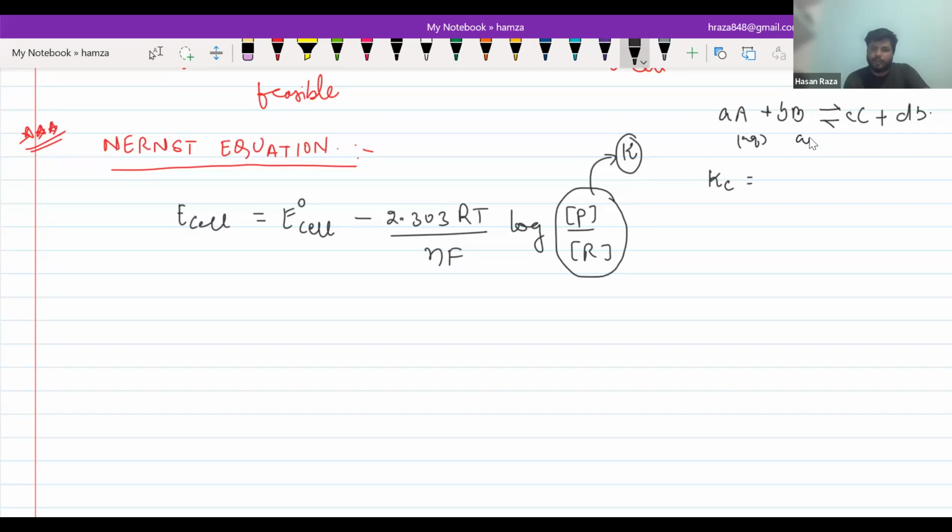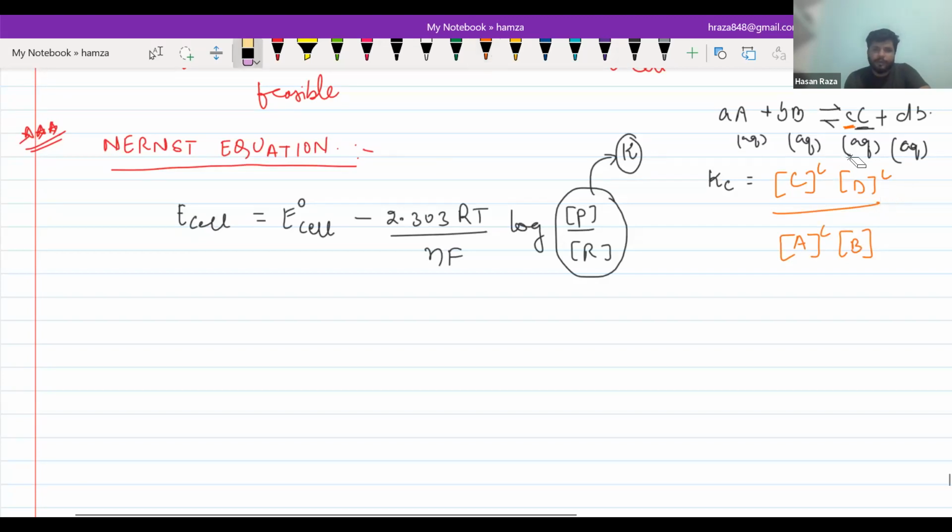You just need to keep in mind that this will be like this, product upon reactant. And one more very important thing is that whatever is its coefficient, that is called the stoichiometric coefficient in chemistry, will be the power of its product and reactant.